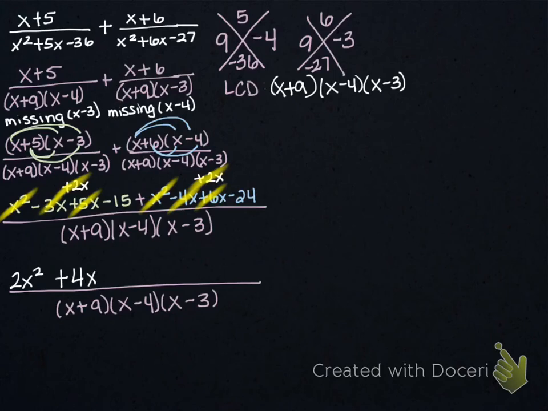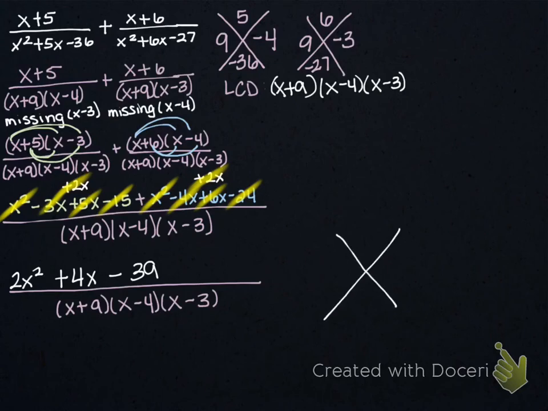And I'm going to see, I had a numerator line, a fraction line, that was way too long. Okay, and now I just have a negative 15 and a negative 24. And those two will combine to give me a negative 39. Alright, the last step would be to see if we can reduce this fraction anyway. And to do that, I would need to use my superstar method because I have a leading term that doesn't have a 1 in front, it has a 2.